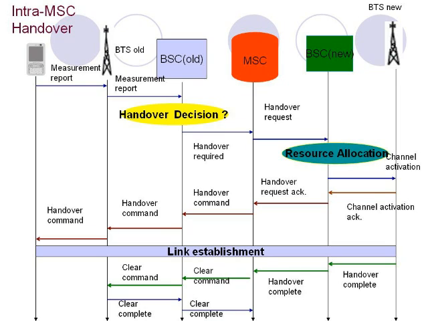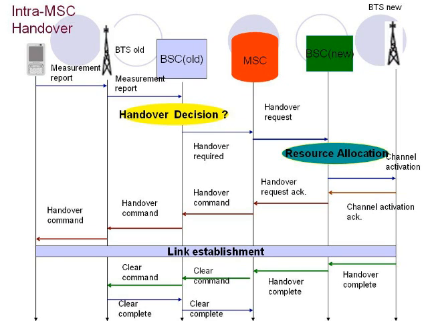If it is available, the BSC new sends a channel activation command to the BTS new. On receiving it, BTS new sends a channel activation acknowledgement in return to the BSC new.